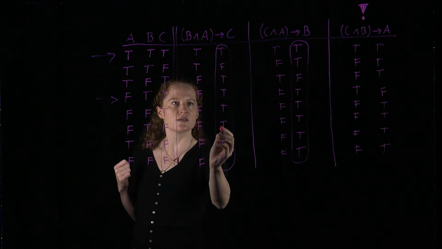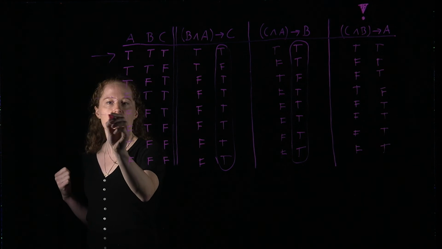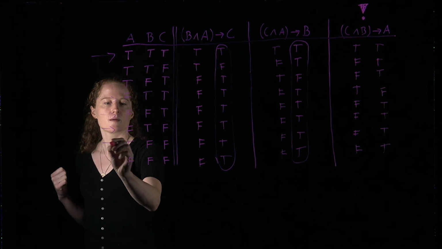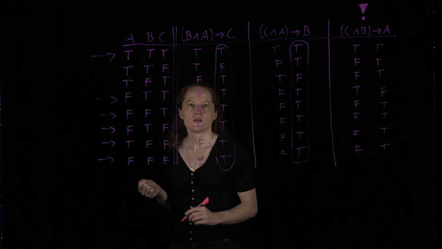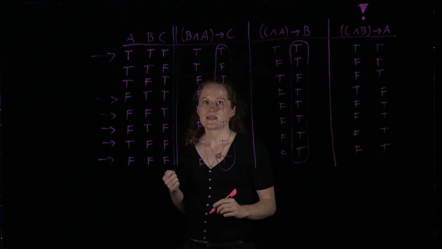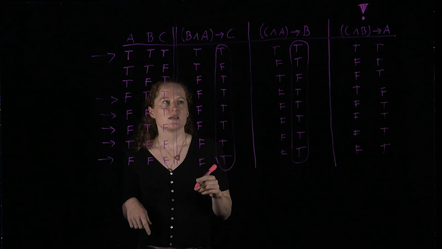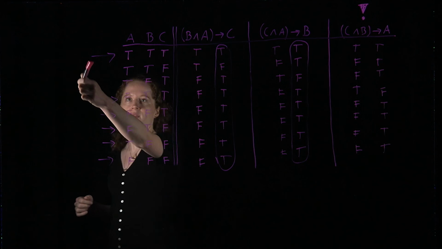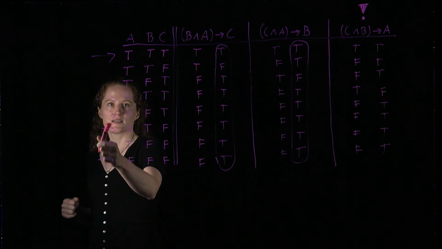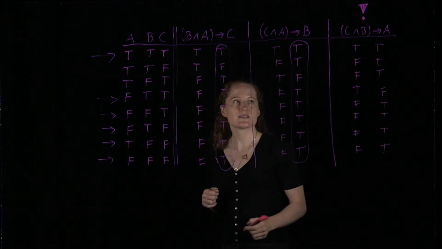So it's really only in the second and in the third row where one of them is false. So what that means is that our premises entail the conclusion if and only if our conclusion likewise is true in the first and in the 4th to 8th row. Now, is that indeed the case?